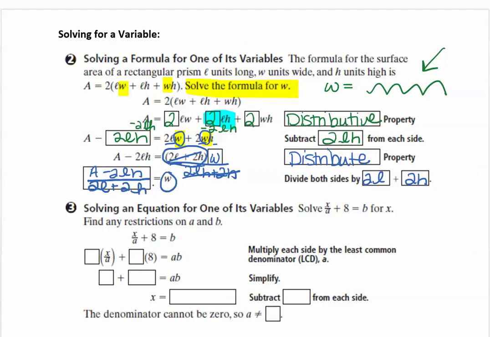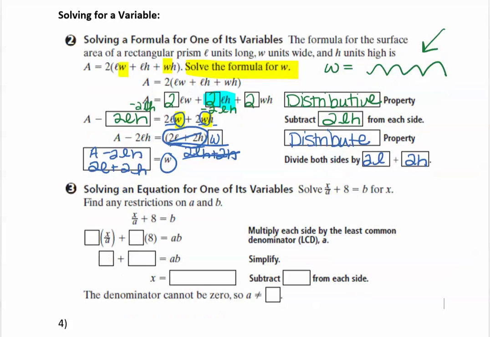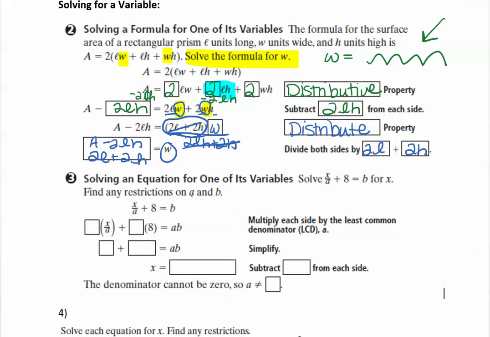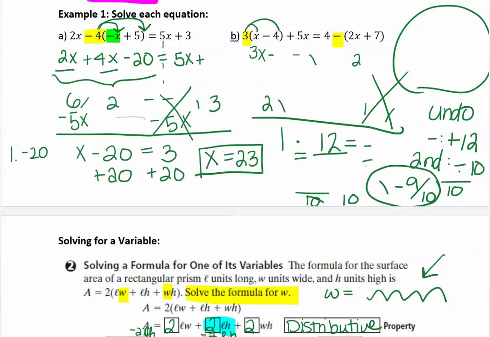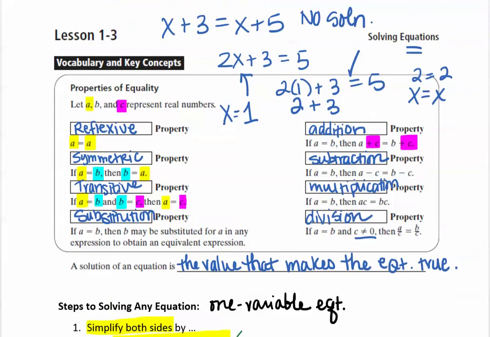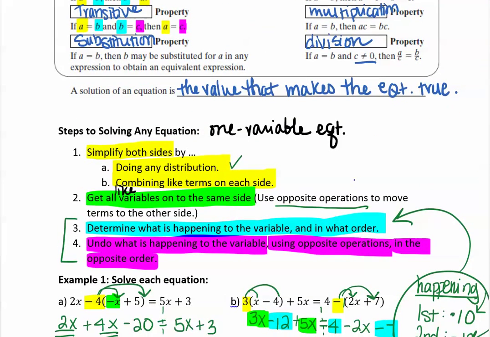W's all alone. Okay, I'm going to give you one more example. We have x over a plus 8 equals b, and we're solving for x. So we're trying to get x alone. This works with the whole idea that I was doing when I was solving the equations, undoing what's happening to the variable.